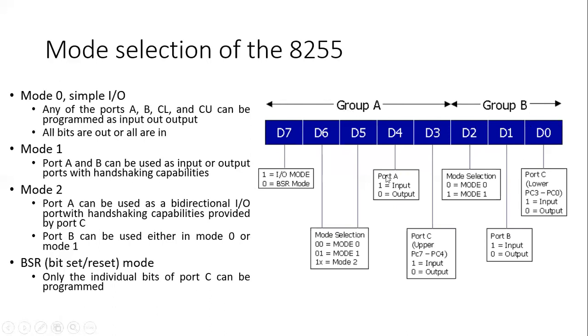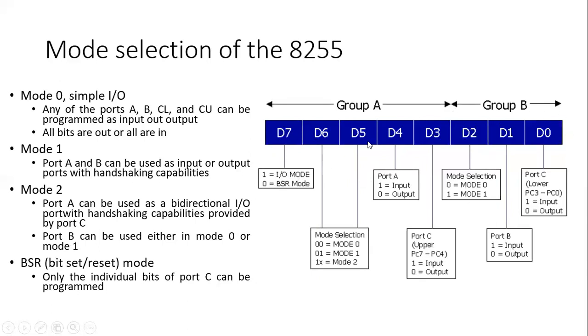Group A consists of the mode selection for port A and port C upper. Then group B is for mode selection of port B and port C lower. Like this, it is grouped here. Based on the requirement, we can write a control word into it.